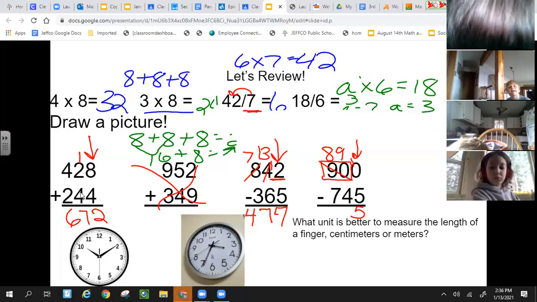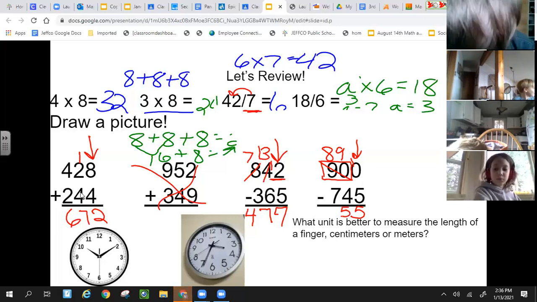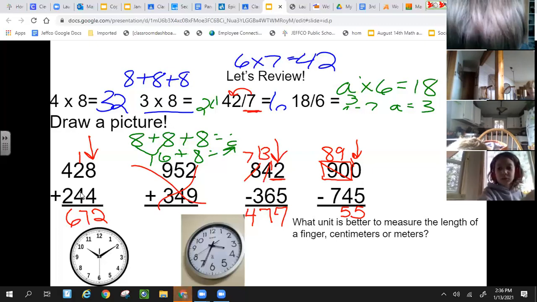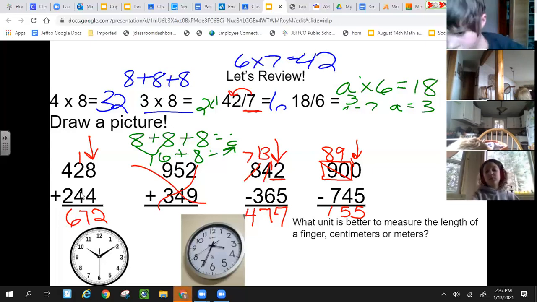And then 9 take away 4 is 5. And then 8 take away 7 is 1. So the answer is 155. Okay, let me just clarify. You make it 89, not 85, because you only need to take 1 away from it. I think you meant that, but said the wrong one. Okie dokie, just want to clarify.